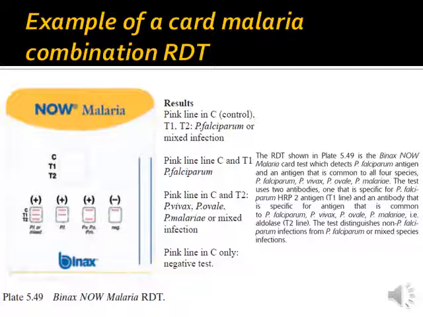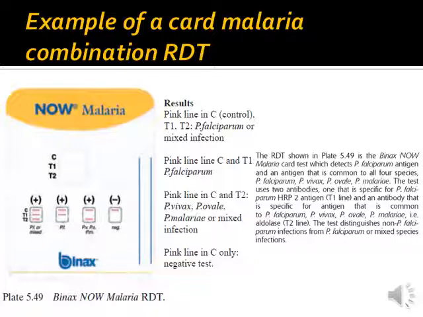The test uses 2 antibodies, one that is specific for Plasmodium falciparum, which is the histidine-rich protein 2, and is impregnated along line T1, and an antibody that is specific to antigen that is common to all the 4 Plasmodium species, and this is antibody directed against the enzyme aldolase, and it is impregnated along line T2. This test is going to distinguish non-Plasmodium falciparum infections from Plasmodium falciparum or mixed infections.